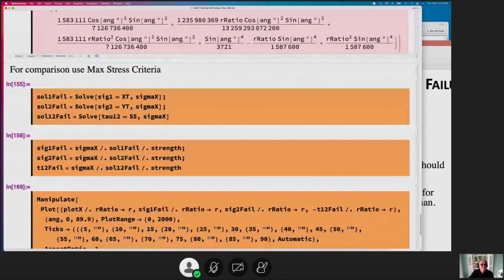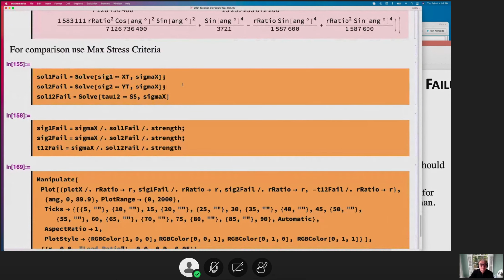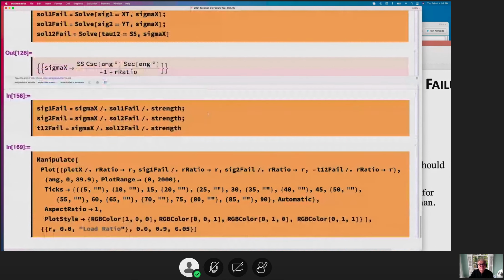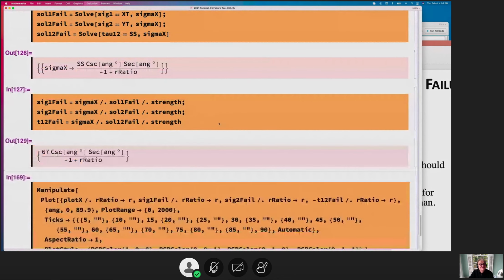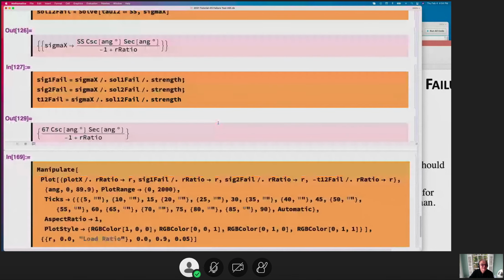And for comparison again, I'm going to use max stress criteria. And it says sigma 1 equals XT, sigma 2 equals YT. So that's the failure based on the max ratio. And this is the failure again, where the value and the strength is specified.